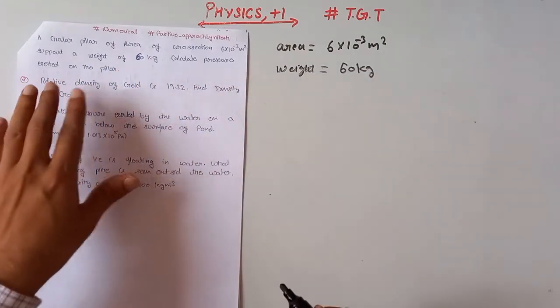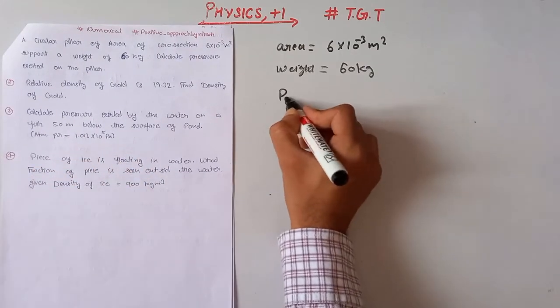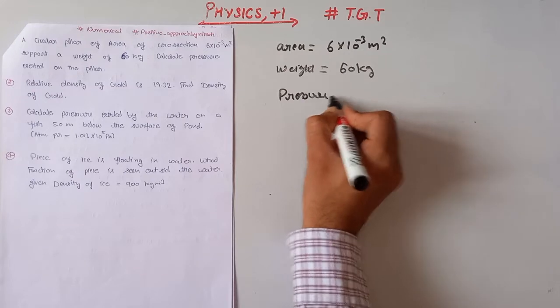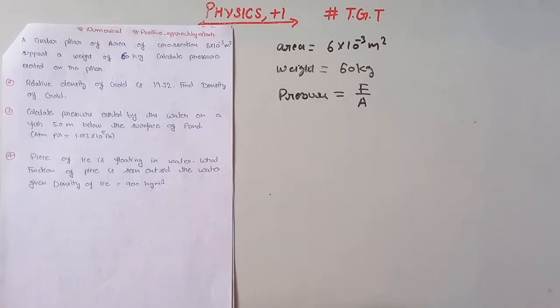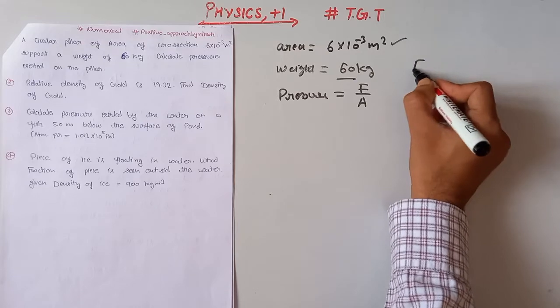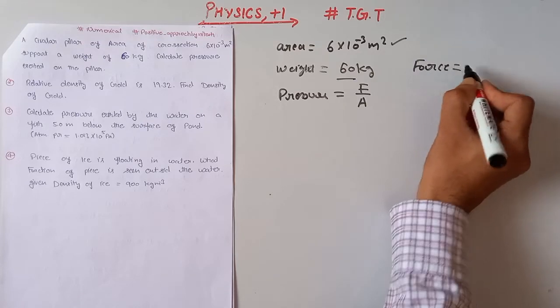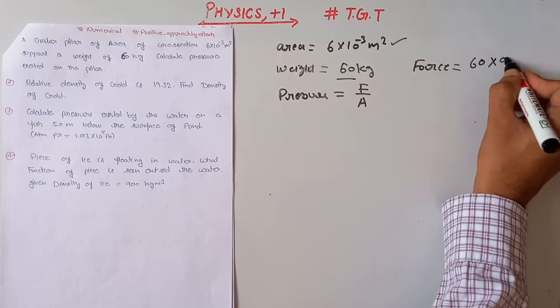We have to calculate the pressure exerted on the pillar. We know that pressure is equal to force divided by area. Force is equal to weight into g.